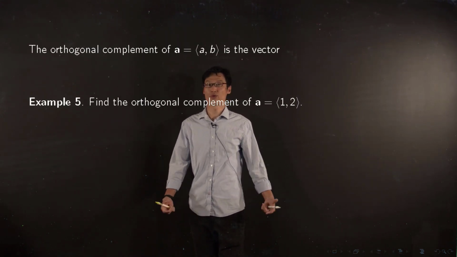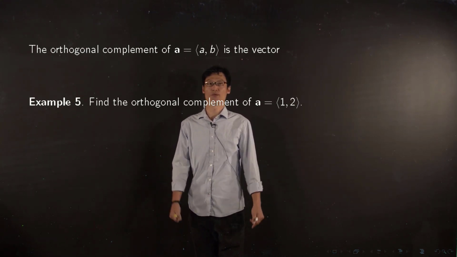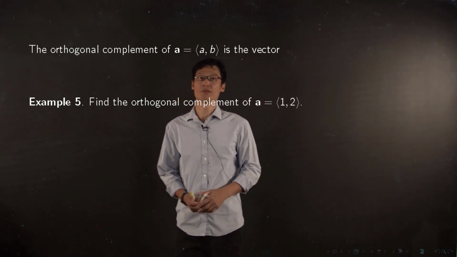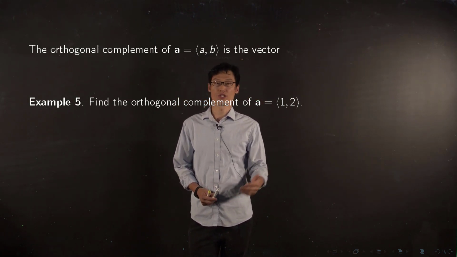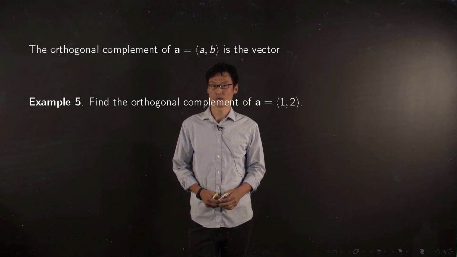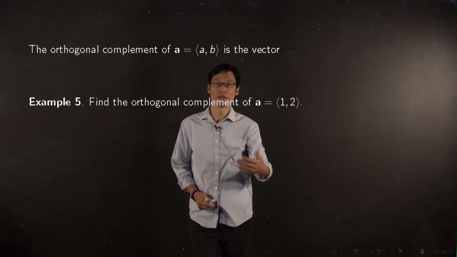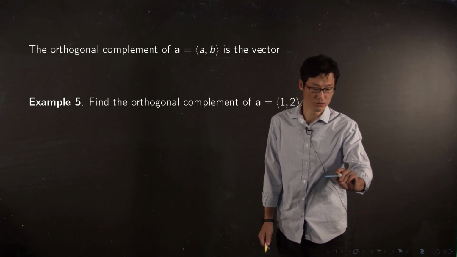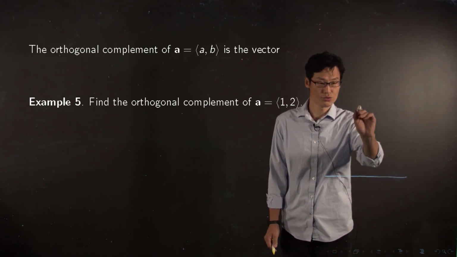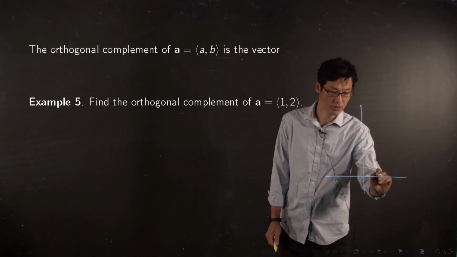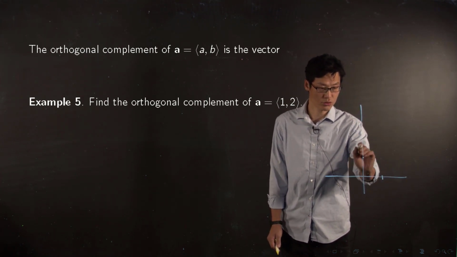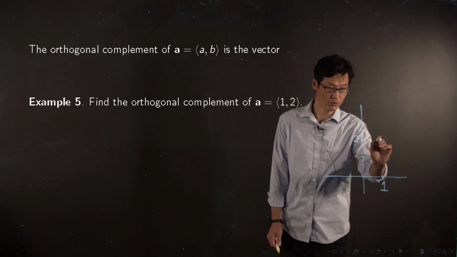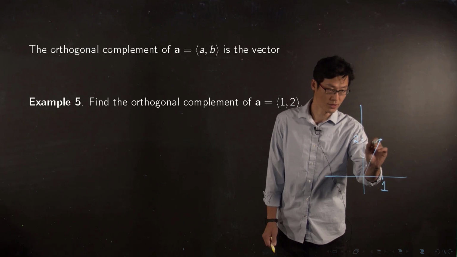All right, so we are ready to define the orthogonal complement of some vector. Before defining the orthogonal complement, let us use this example, vector A = (1, 2). So let me draw this vector (1, 2). The vector has coordinates 1 and 2, so vector A looks like this.